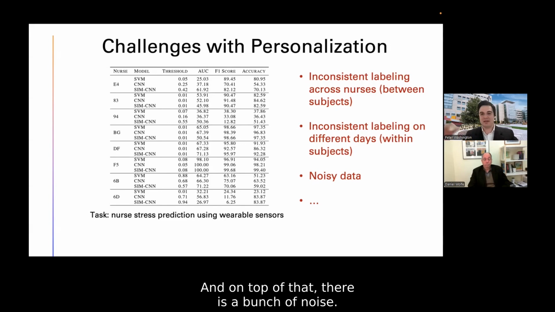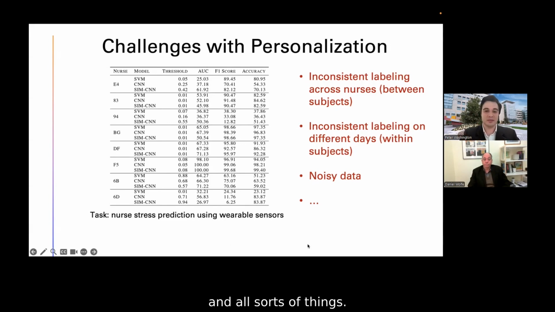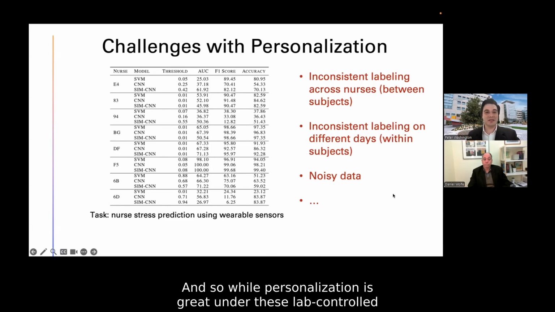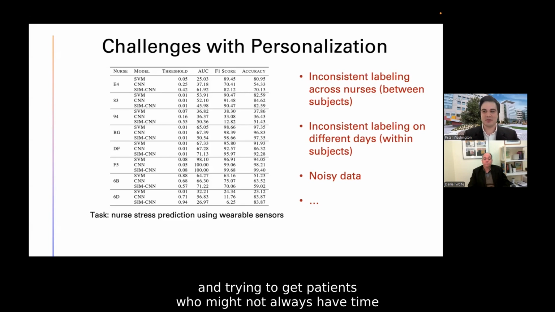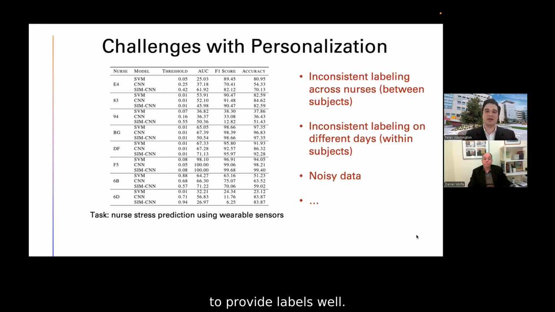And on top of that, there was a bunch of noise, and sometimes the device was worn incorrectly and all sorts of things. And so while personalization is great under these lab controlled settings or otherwise highly controlled settings, there's a lot of other challenges that occur when you're in these remote settings and trying to get patients who might not always have time to provide labels well.